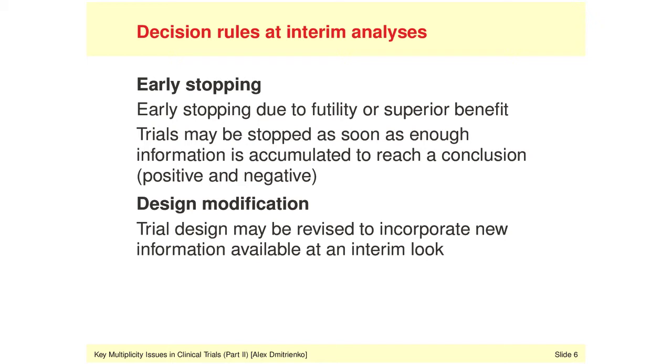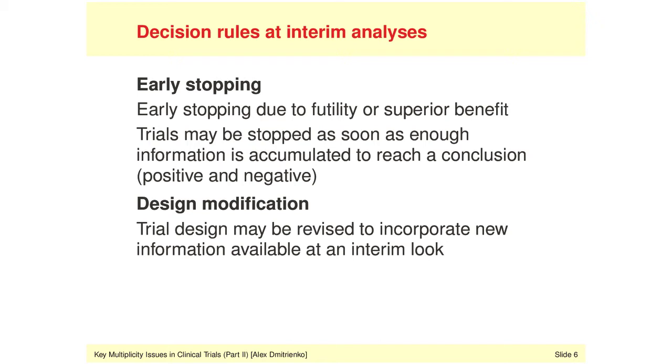Trials may be stopped as soon as enough information is accumulated to reach a conclusion, which includes, as we said on slide 5, a positive conclusion, which means stopping due to superior efficacy, or it could be a negative conclusion, for example, stopping due to futility.